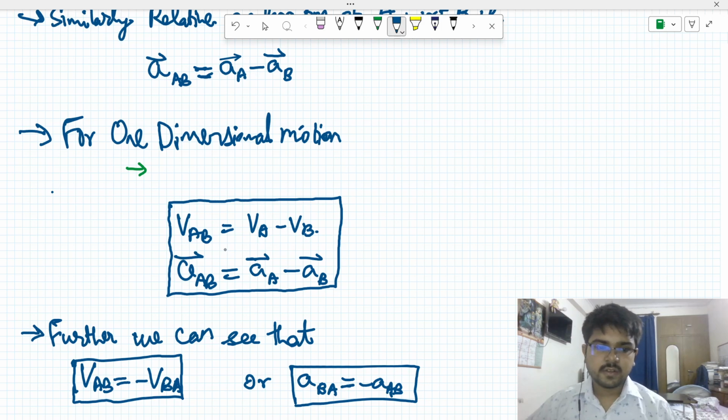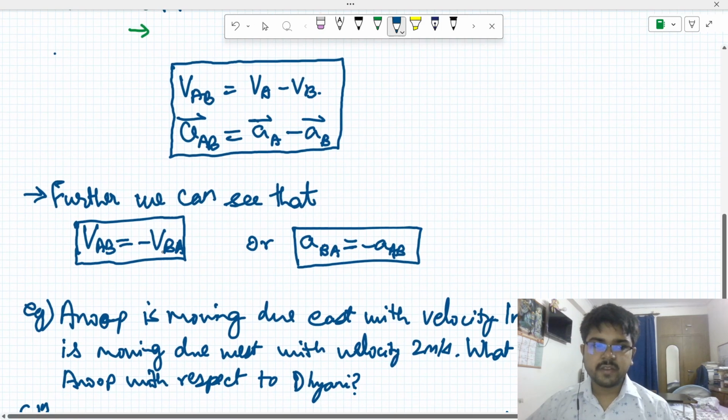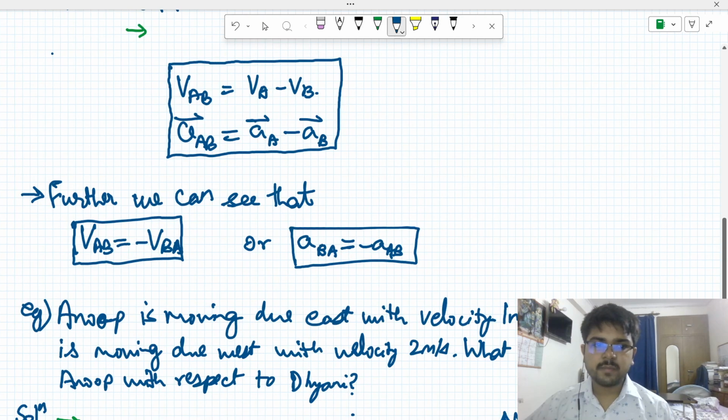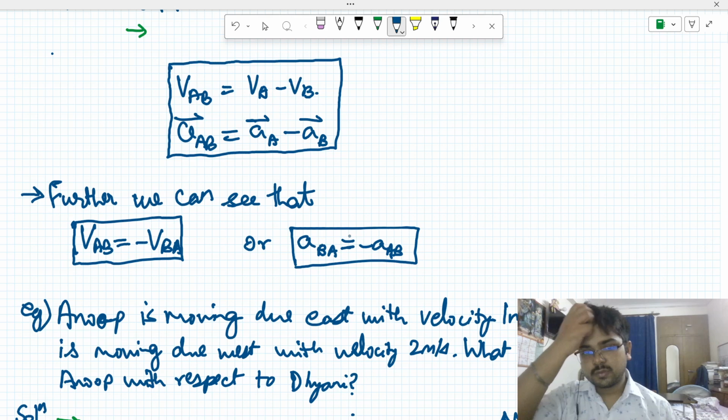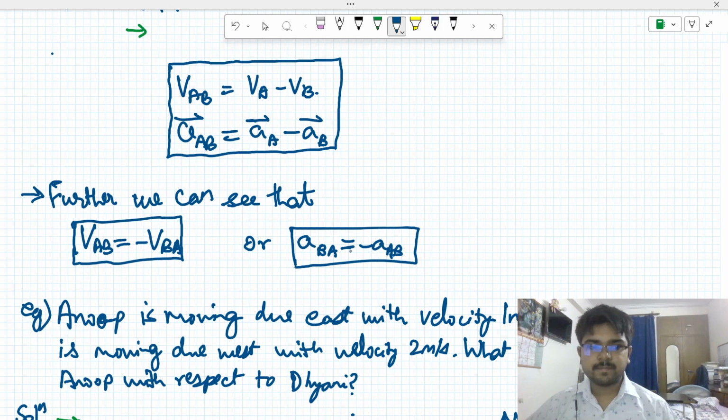Further, we see that VAB equals minus VBA, and AAB equals minus ABA.